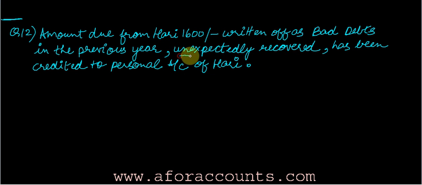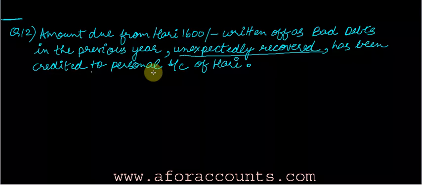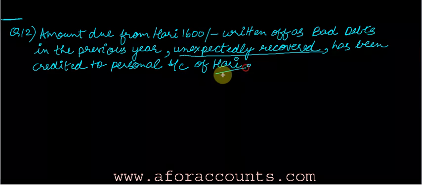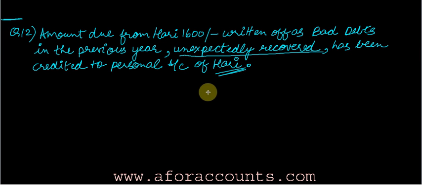I have received means bad debts recovered has been credited to personal account of Hari. Now this is actually a conceptual mistake which I am making, because once it is written off, when it comes back it is my income and has nothing to do with Hari's account, but I am mixing it with Hari's account. So how will I go now?